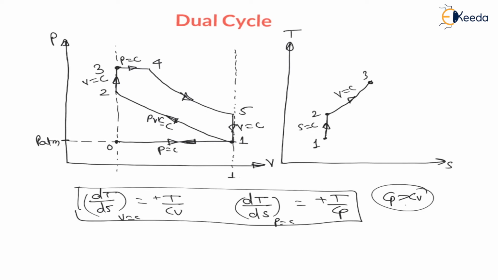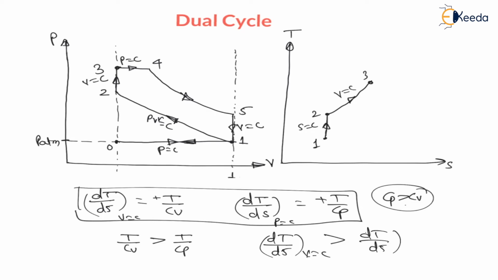Now Cp is always more than Cv, therefore I can say T by Cv is more than T by Cp, because here the denominator is more for T by Cp and the denominator is less for T by Cv. That means the slope of a constant volume process on the temperature versus entropy diagram is more than the slope of a constant pressure process, right?